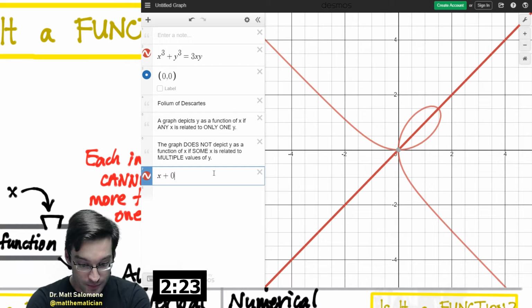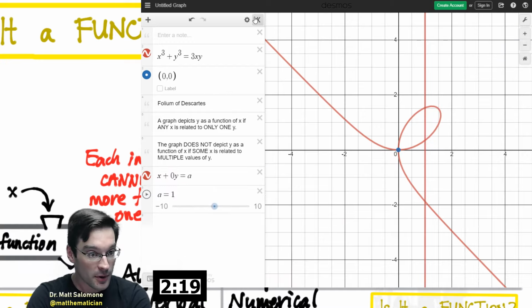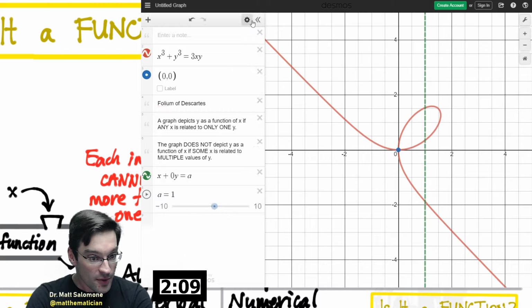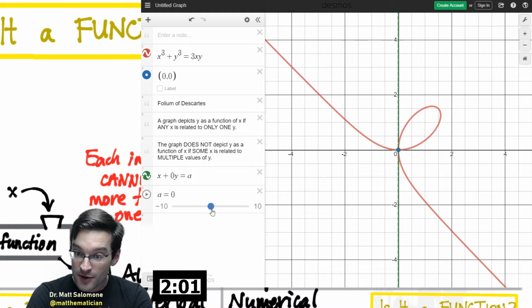I think I have to force Desmos into doing things a little bit weirdly here. Okay. So here is a vertical line being drawn on my graph. It's a vertical line because what we've done here is we've specified a single value of x. In this case, we've chosen x equals 1, right? And if I choose different values for x, I just get different vertical lines.